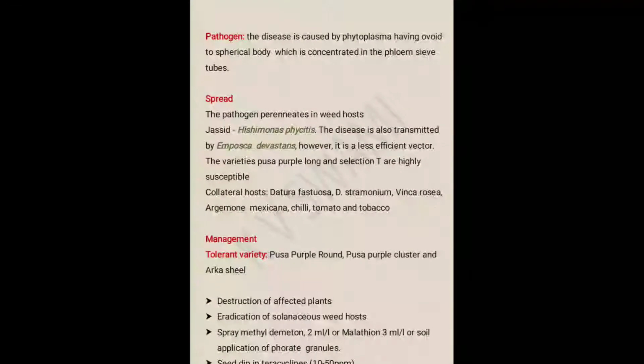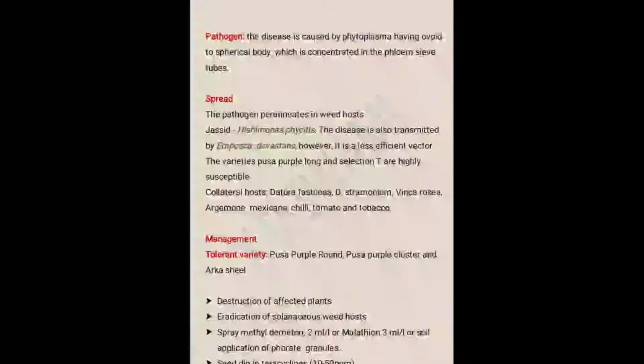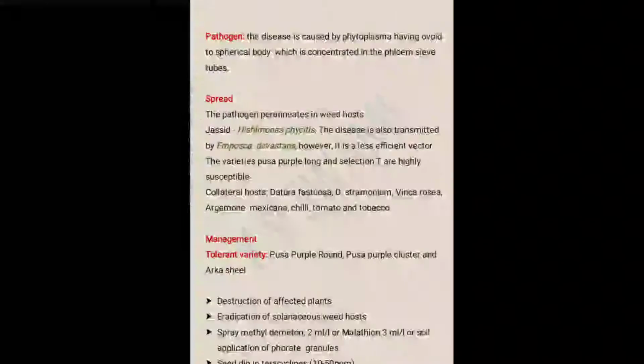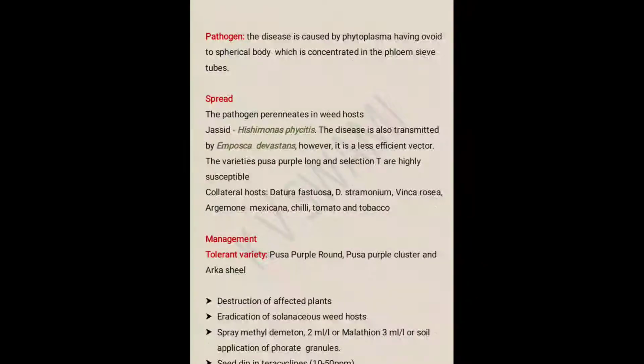Next point, destruction of affected plants, means if you observe any plants affected by the phytoplasma, such kind of plants should be rogued out from the plot.